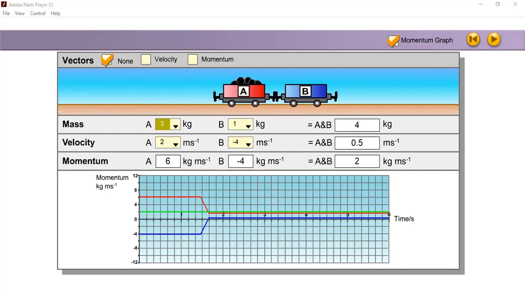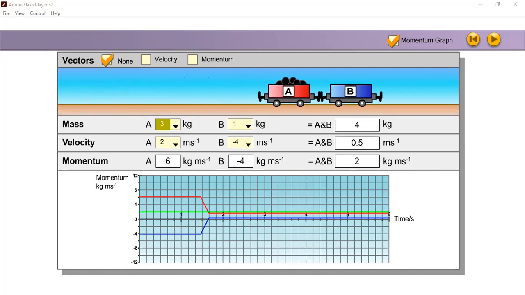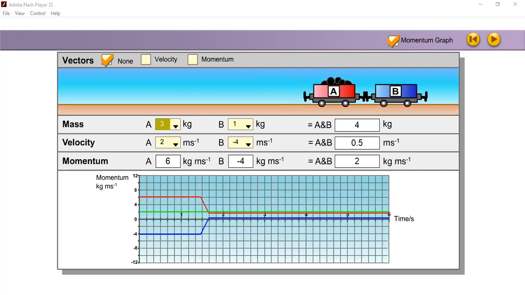Now we compare the kinetic energy. Let's say two trolleys are moving. Before collision and after collision, the momentum before collision is 2 kg m s^-1.